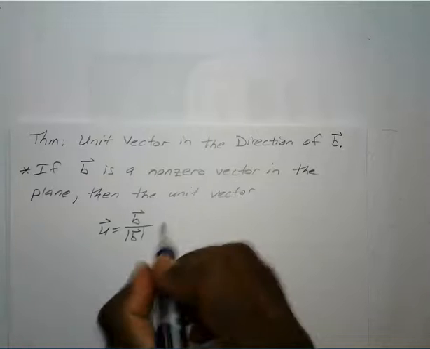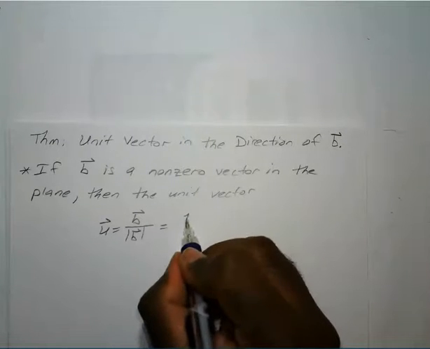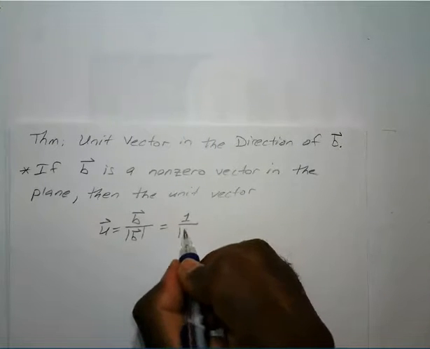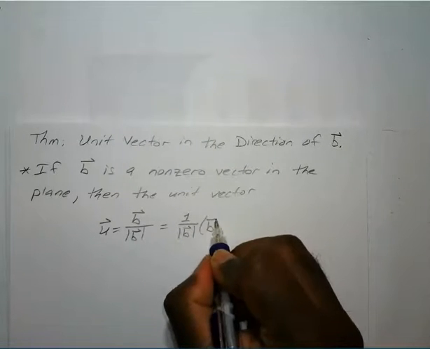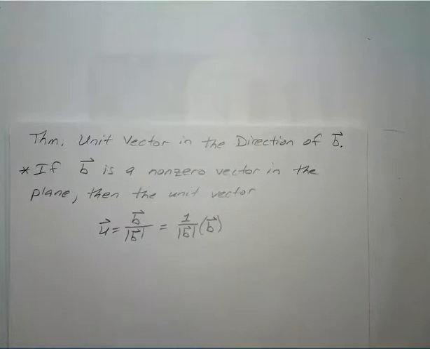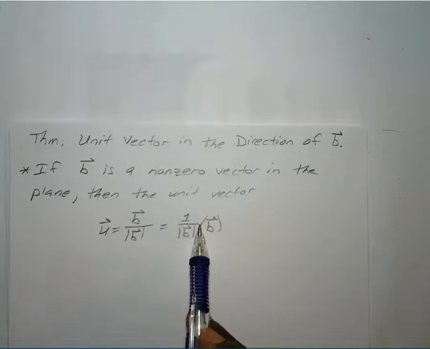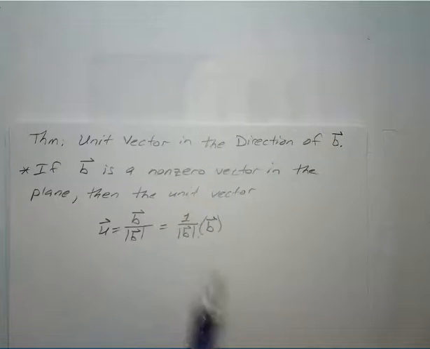But we can also rewrite it as 1 over the magnitude of vector b times vector b. Now, I didn't use the multiplication dot there because we have a section coming up called the dot product, so we're going to need that dot for something else. That's why I used the parentheses.